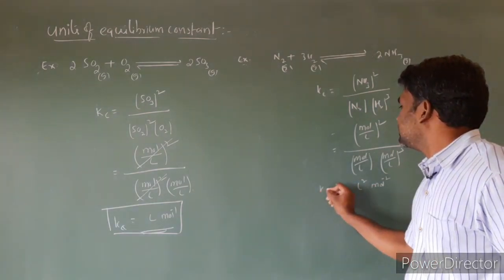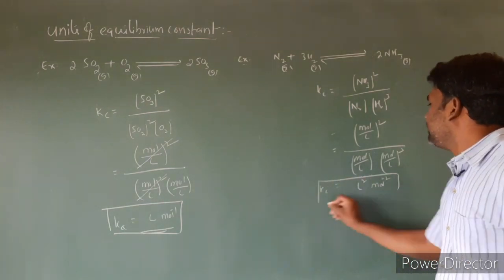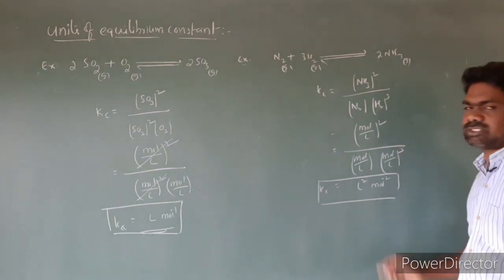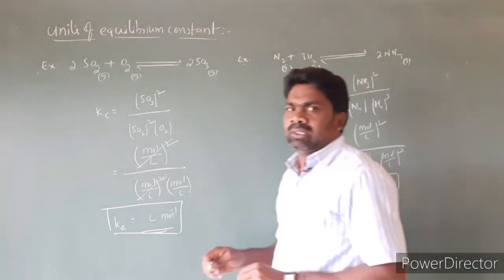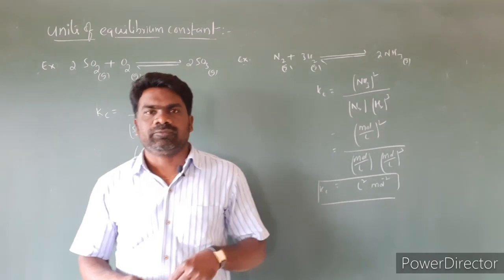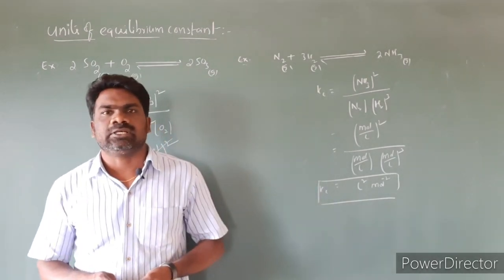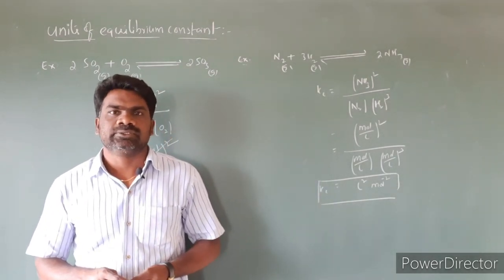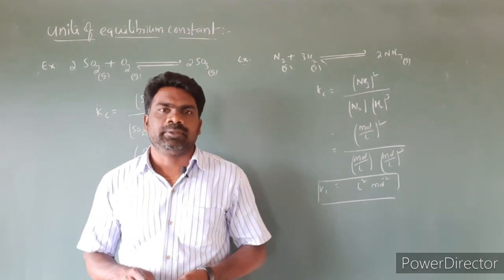This is the unit of Kc: liter squared mole to the power minus 2. So the units of equilibrium constant vary in case of different reactions. This is the units of equilibrium constant.